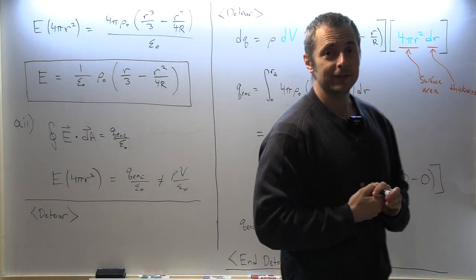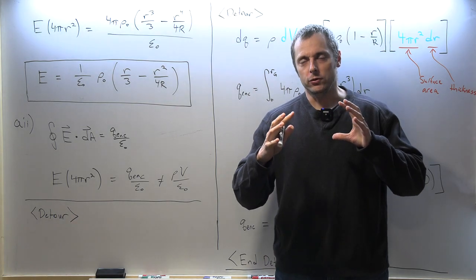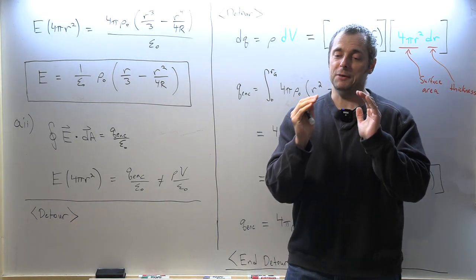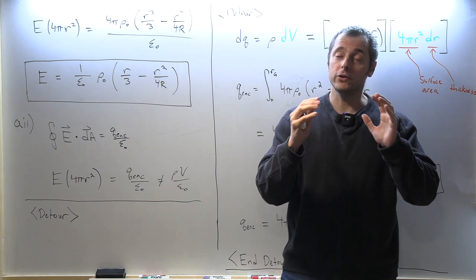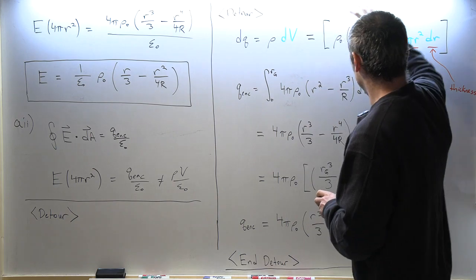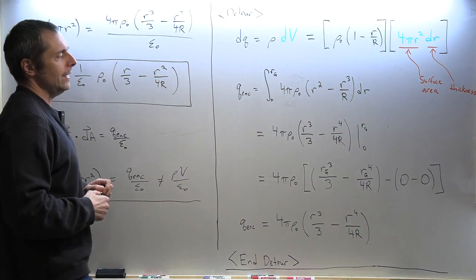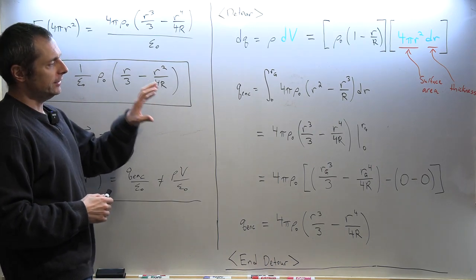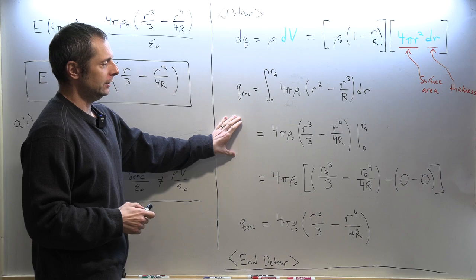You would think we had to do this all over again. Imagine a shell, 4 pi r squared dr, and then multiply by rho 0, integrate again. But we've already done that. So what we could do is just change this and, in fact, recycle this formula.